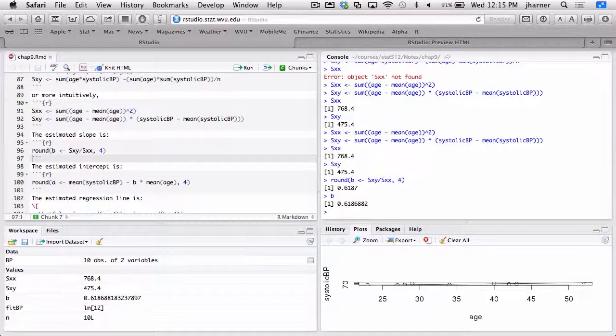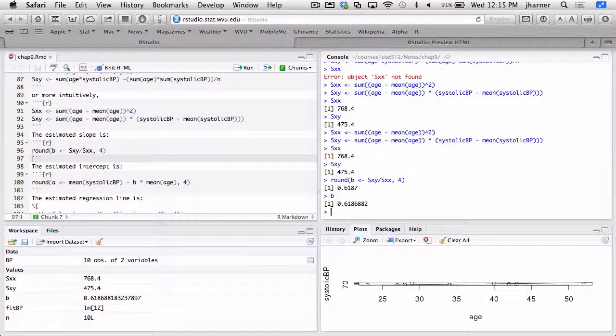Oh, I'm sorry, this is a good illustration. When I executed round b with parentheses on the outside, it prints it out with 4 digits, right? But if I just put b, it prints it out with more digits. So a lot of times, if you want this to appear in a report, you'll surround it by the round function with the number of digits as a second argument.